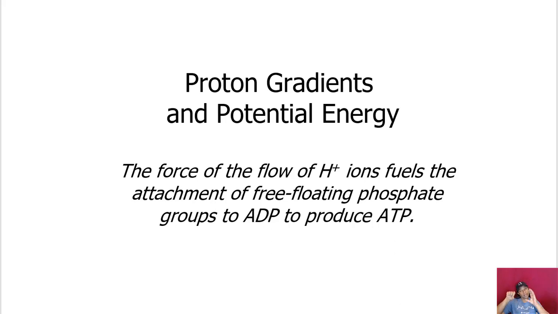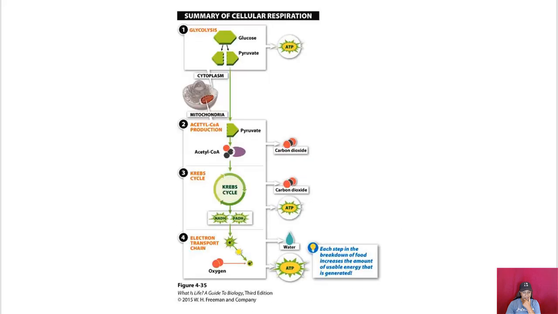When I break off that one phosphate, now I'm left with ADP, adenosine diphosphate. And I can put this other phosphate back on, but I need the flow of hydrogen ions in order to reattach this third phosphate, okay? So we can take a look closer at that.